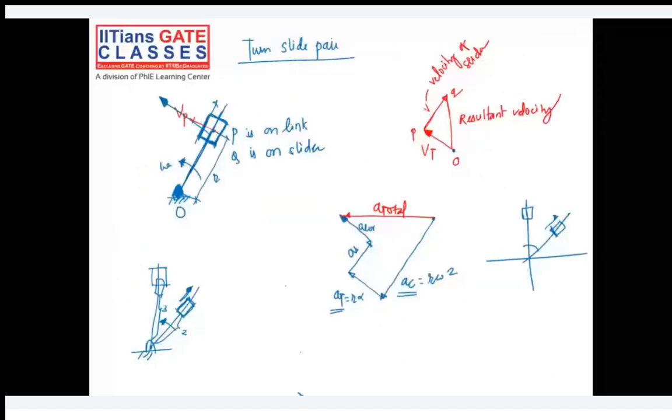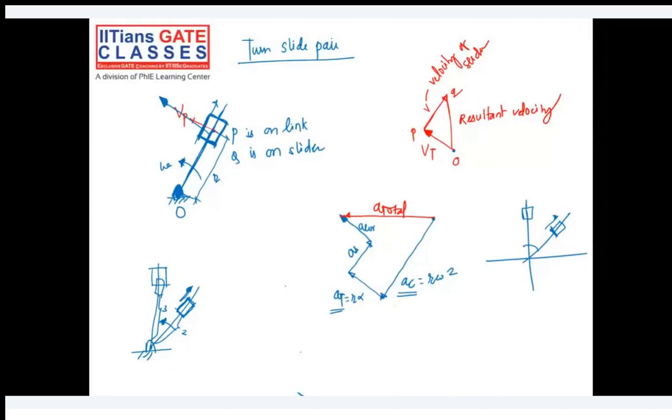Sir, will the Coriolis force be there? I mean, I'm asking for the pseudo force. I don't expect that you use Coriolis force, but you know that pseudo force is mass into acceleration.